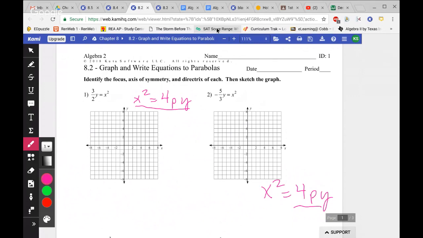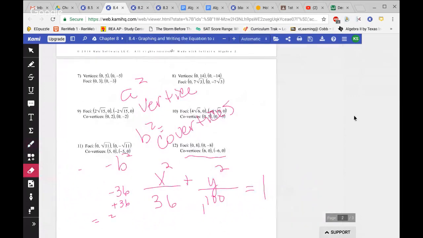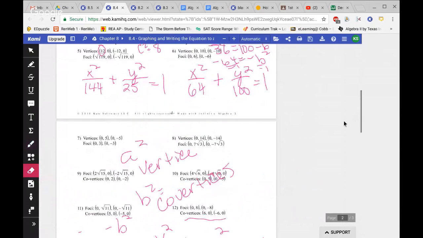For the most part, yes. We did 8.2 together. Yes. And did we do 8.3? And we did a good bit of 8.4 today.